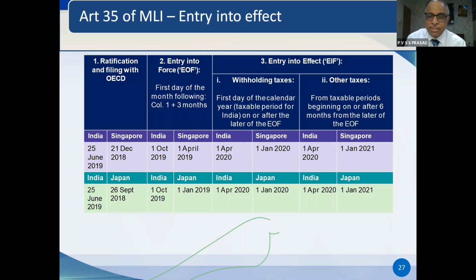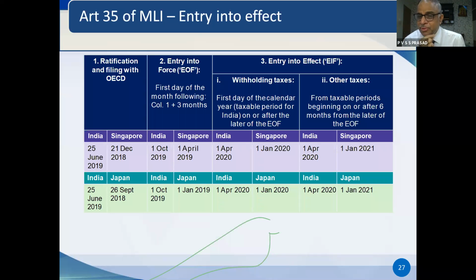Then for other taxes, it is 6 months from the end of the latest date. Luckily, our effective date is 1st October, which is the later date compared to April brought in by Singapore. From there, 6 months means it is again 1st April 2020. So on 1st April 2020 itself, even for the regular taxes, the India-Singapore Treaty would be effective from the Indian perspective.